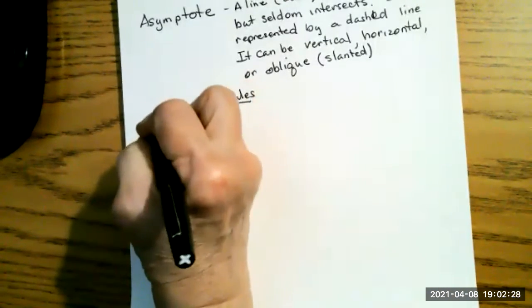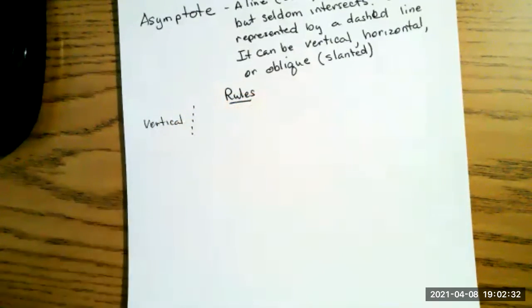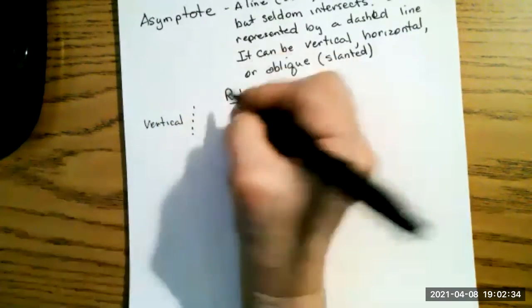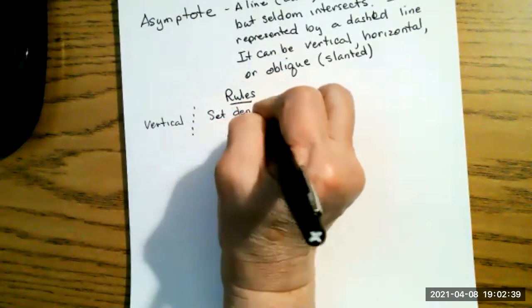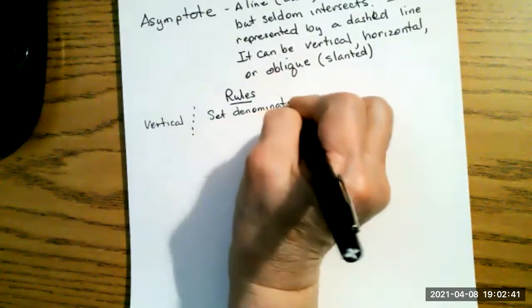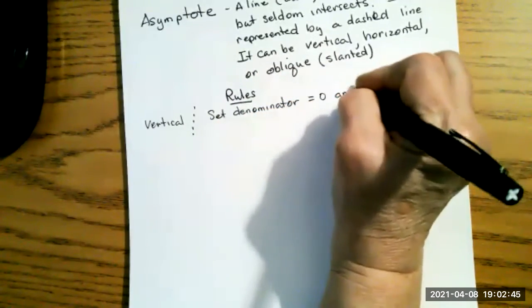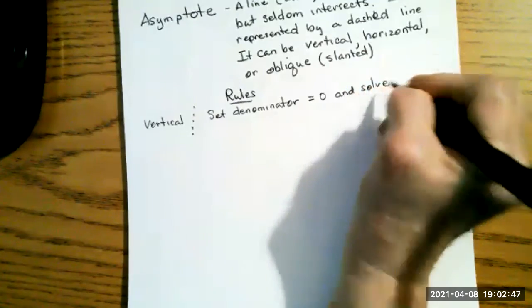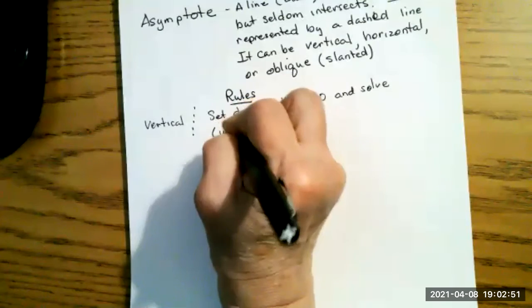Okay, the first one is vertical. It looks like that. To get this one, you set the denominator equal to 0 and solve. We've done that before. It was the undefined places.